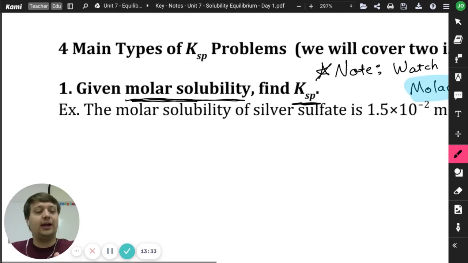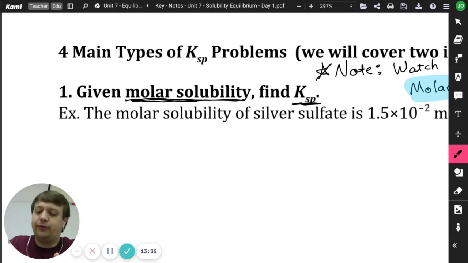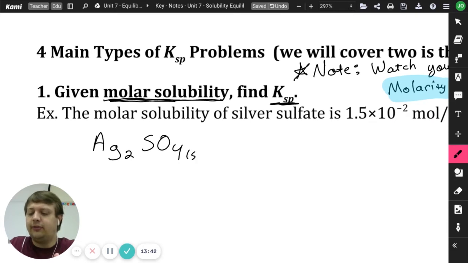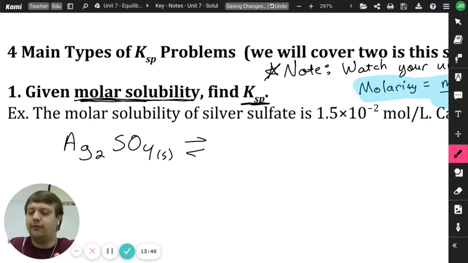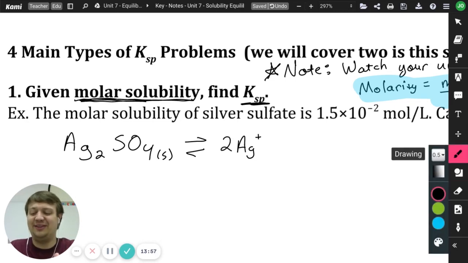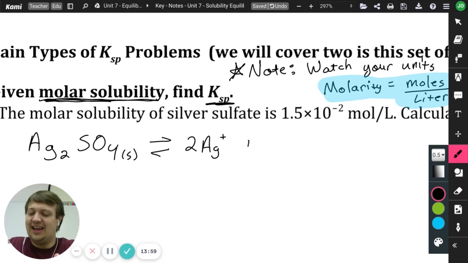So first thing I need to do is to write my equation. So I have silver sulfate, and we know that this is a solid, and it's going to form silver, and there's going to be a 2 here in the front, and sulfate, and there's not going to be a 2 there in the front.